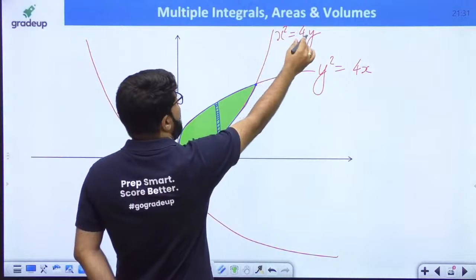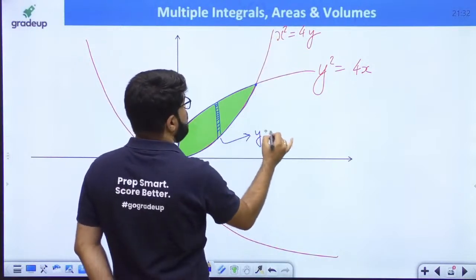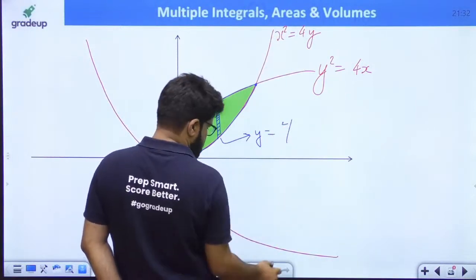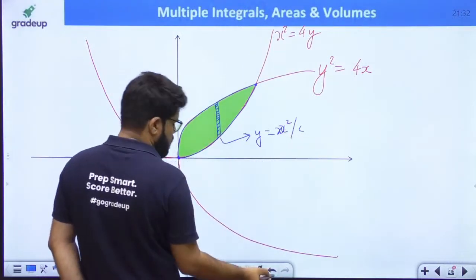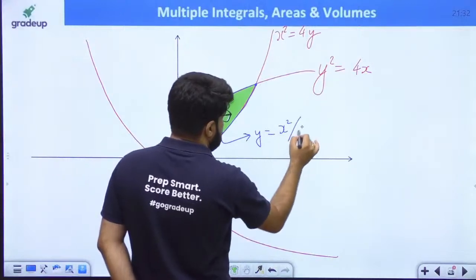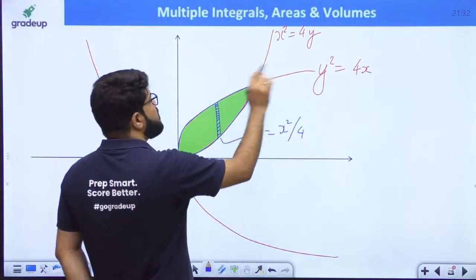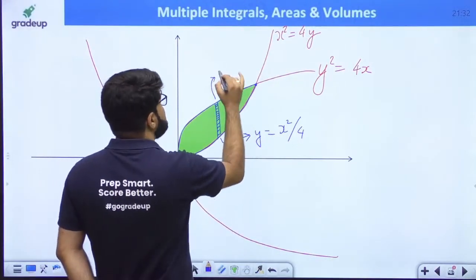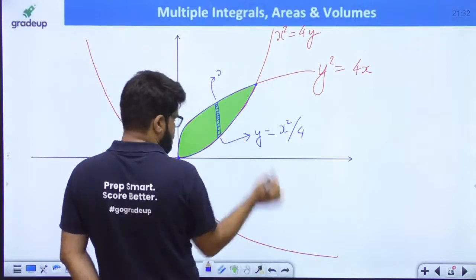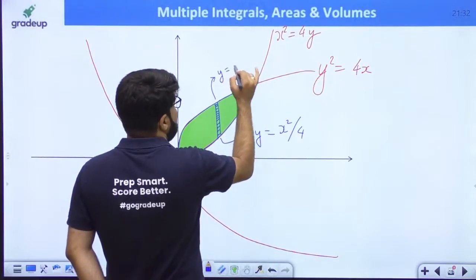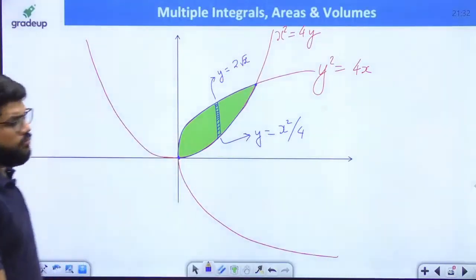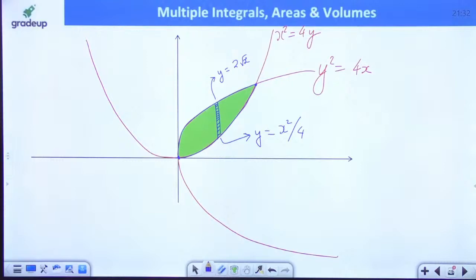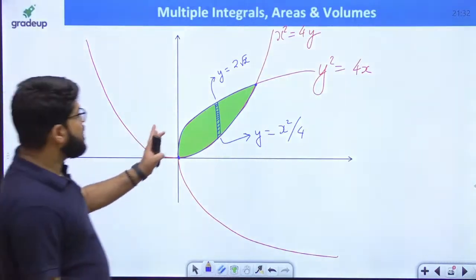This is the limit y equal to x square by 4, and from y square equal to 4x, y equal to under root of 4x, that is 2 root x. Clear? And then what is the limit of x?